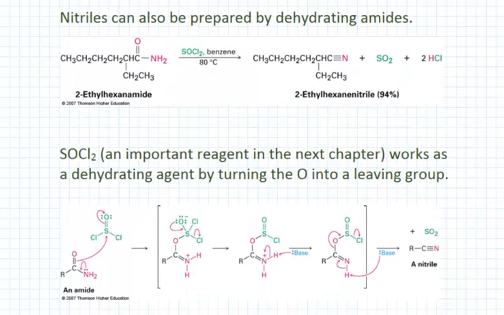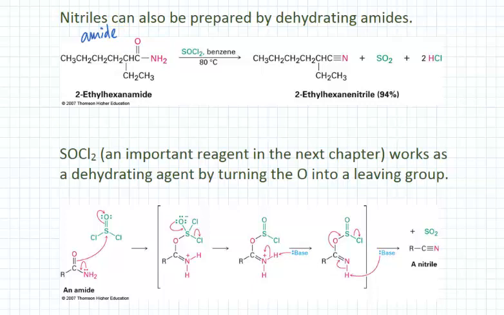Another way of making nitriles is by dehydrating amides. So in our next chapter, when we're talking about carboxylic acid derivatives, we have C double bond O and then something else out over here. An amide, like this one, C double bond O N, with H's or R's attached to it, that's an amide. Amides can be dehydrated to produce nitriles.